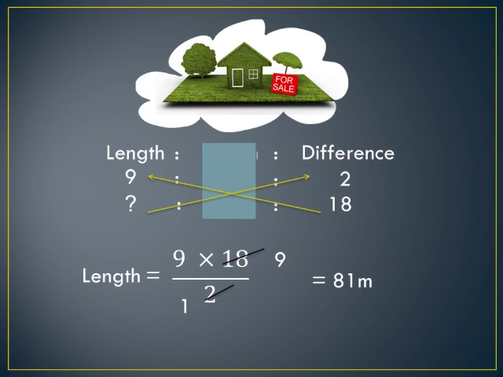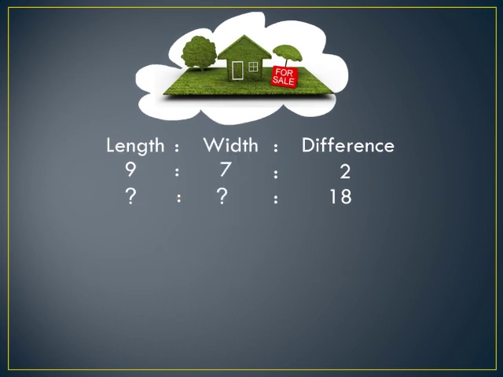Or calculate it on your calculator. How do we get the length? Hide width. After that, make scissor. 9 by 18 over 2, calculate it, equals 81 meters.